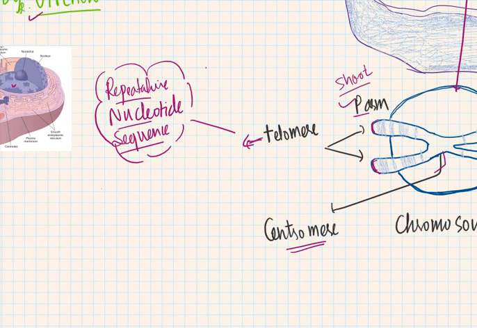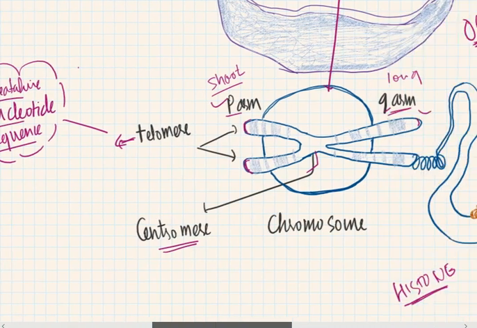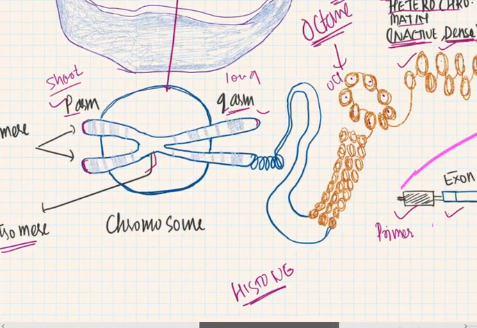Going further, these chromatids are organized into, of course, a short arm and a long arm. The short one is the P arm, the long one is the Q arm.